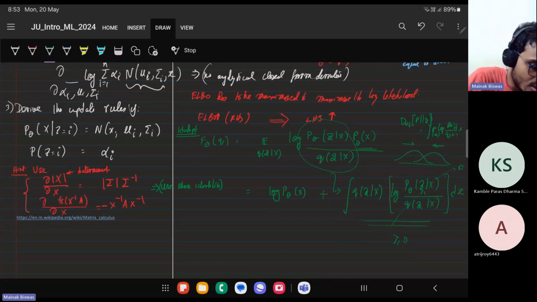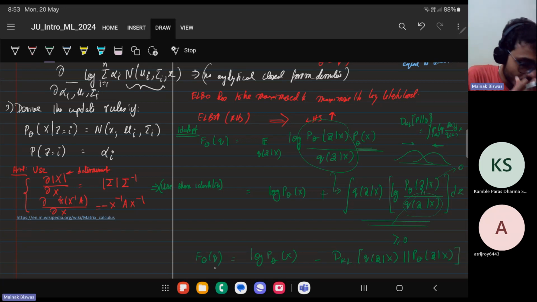So now you see, this is the negative of the KL divergence. Do you agree? Q is in the denominator. So it's the negative of the KL divergence between Q of z given x and p theta of z given x. This we write as f theta of q.